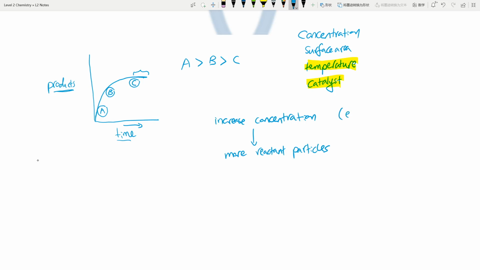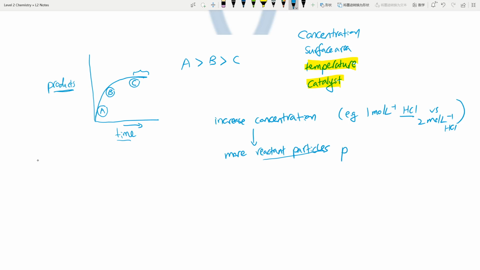For example, if I have 1 mole per liter of HCl versus 2 moles per liter of HCl in a different experiment, instead of saying more reactant particles, I'll probably say more HCl particles. They're a little bit picky on that with NCEA, but you get the idea. But more reactant particles.